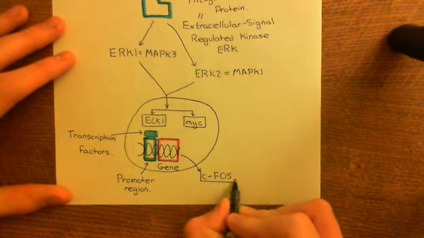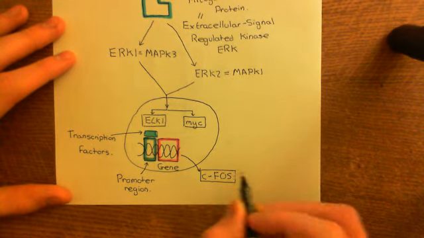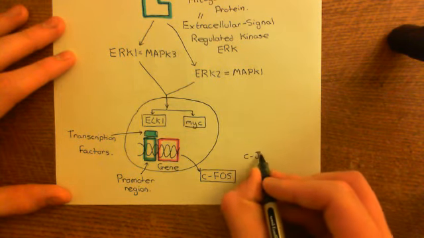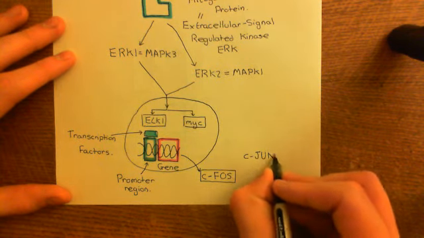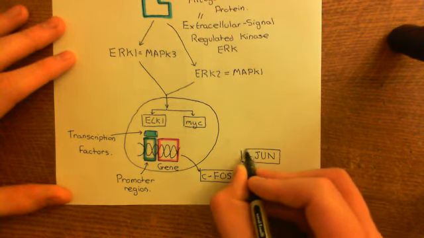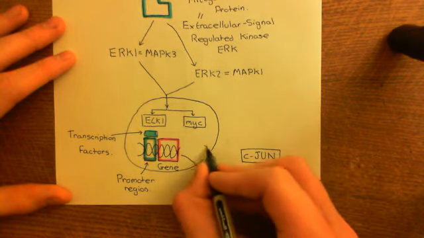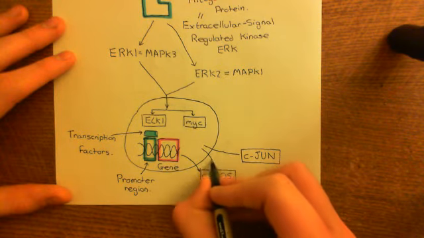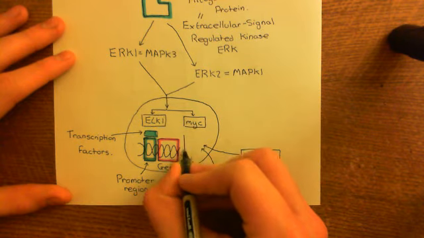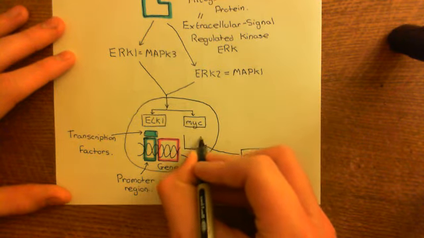And basically CFOS can assemble with another transcription factor known as CJUN. So here's another transcription factor known as CJUN. And the two of these can assemble together to make a CFOS-CJUN heterodimer, which I'll try and show here.